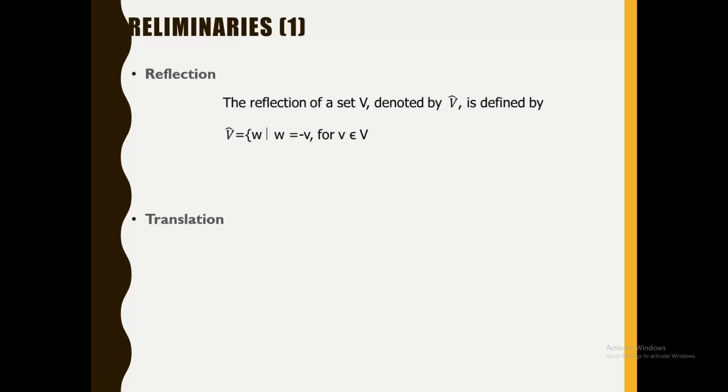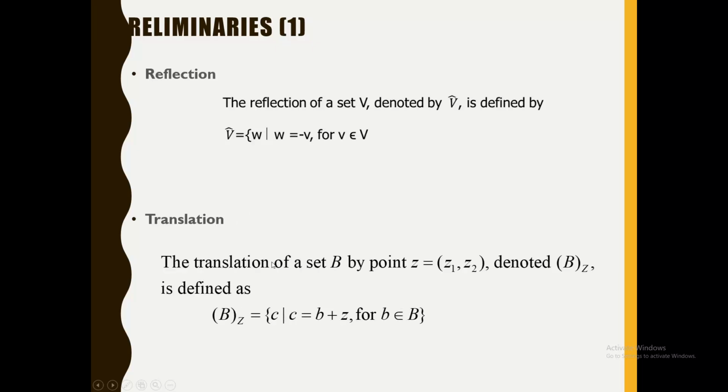Now the first definition is reflection. The reflection of a set V, denoted by V hat, is defined as V hat equals W, for all W such that W equals minus v, where small v is an element of capital V. The next definition is translation.